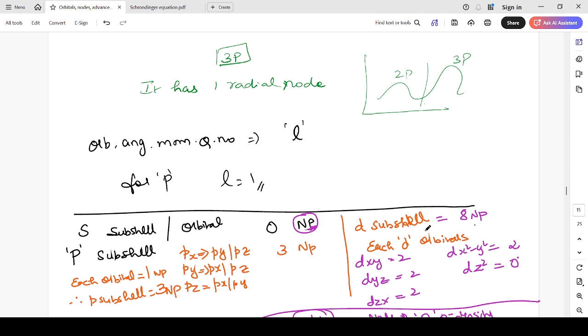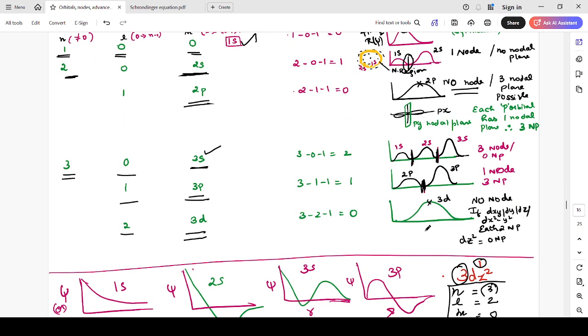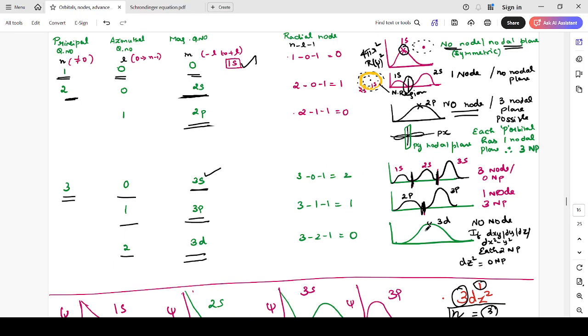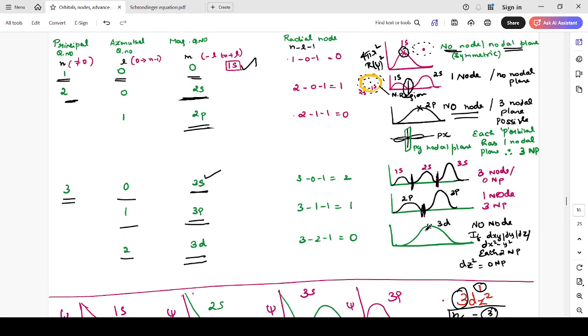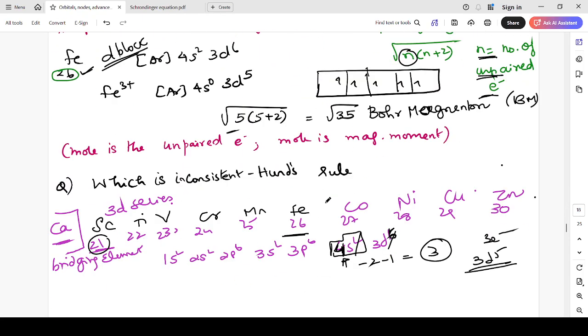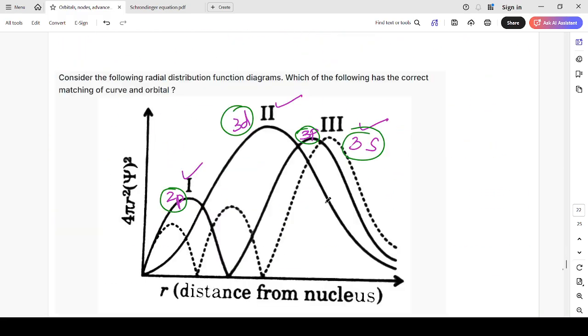The final one that we saw was the radial distribution curve, RDC, also called the probability distribution. We saw how to calculate the radial node and angular node, how to find from the graph which orbital is present, and we solved certain questions from the quantum mechanics aspect.